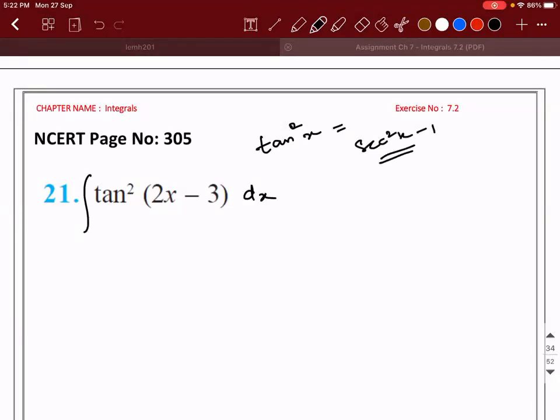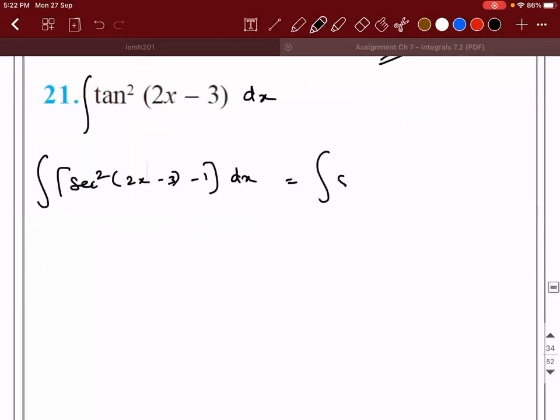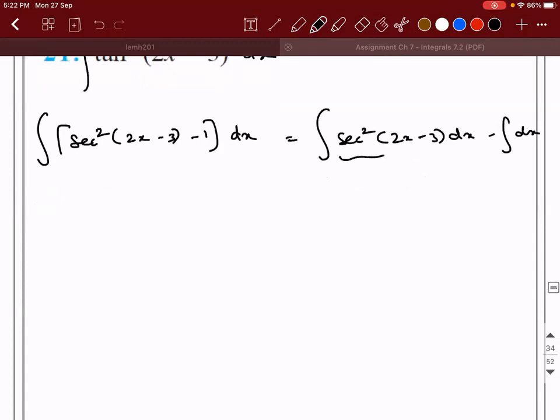So write it as secant square of 2x minus 3, minus 1.